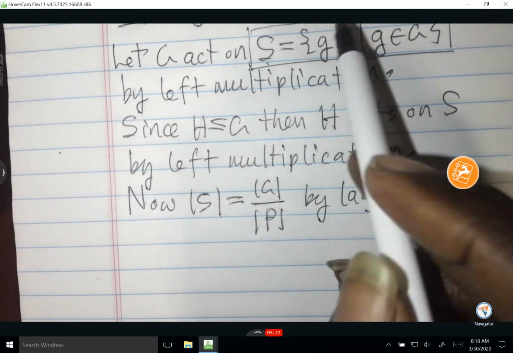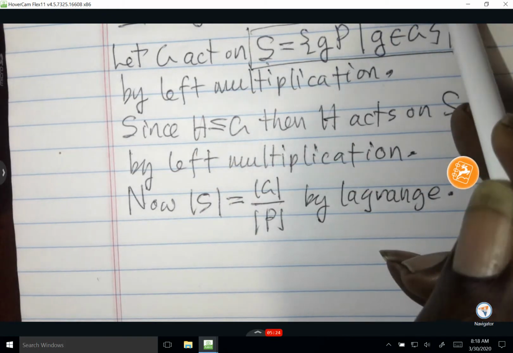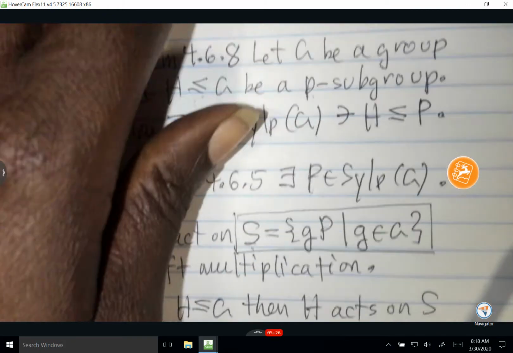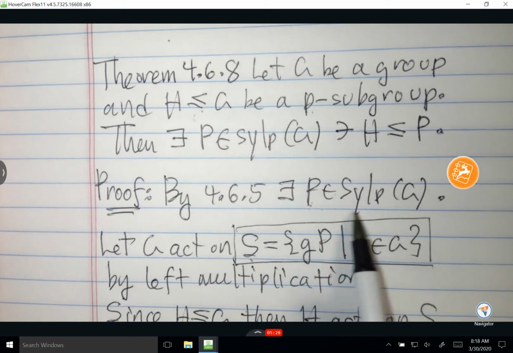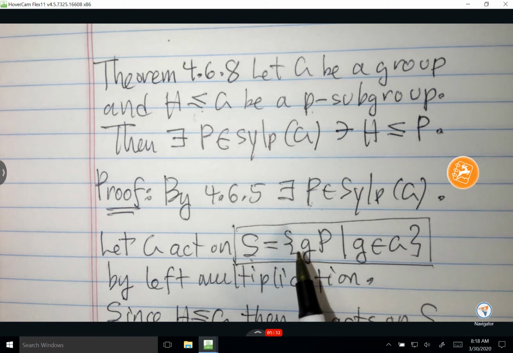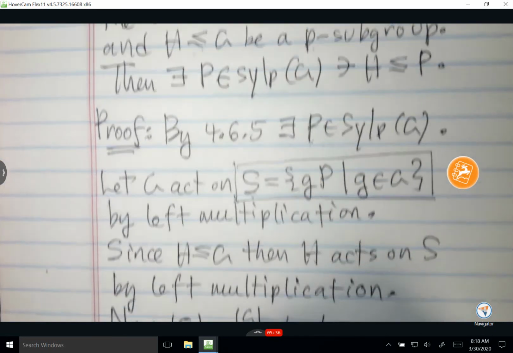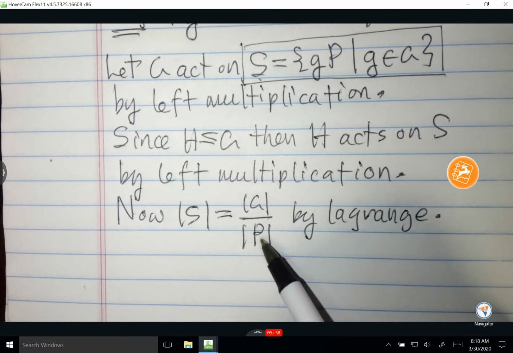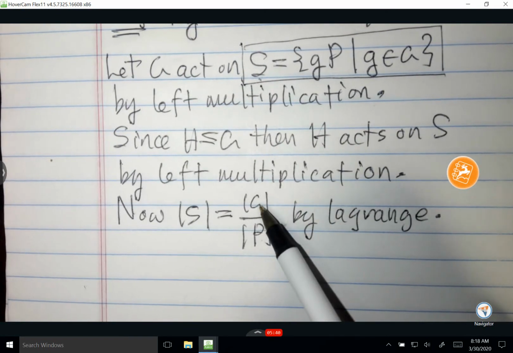But now we also know that P is a Sylow P subgroup of G. So its order is the pth part of G. So when we divide its order out of G, there's no more P's left.